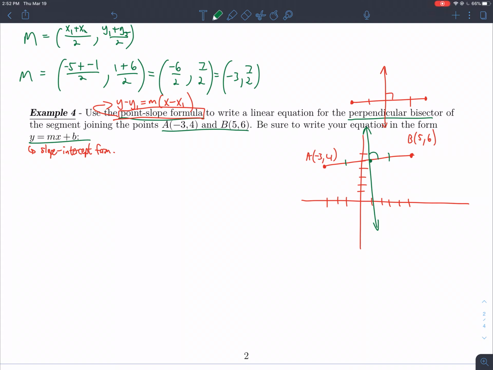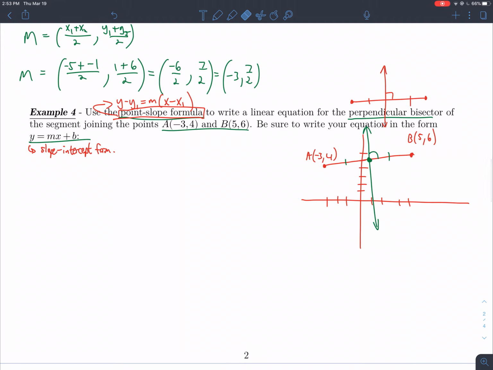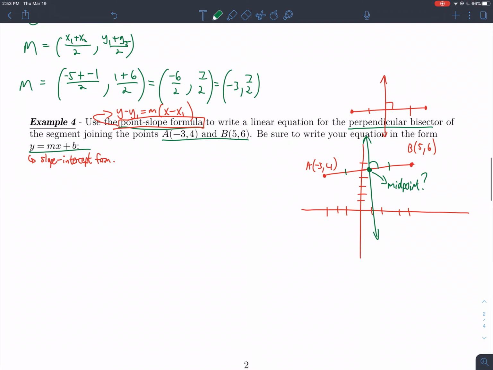So what's your strategy? You know that the perpendicular bisector has to bisect, going through the halfway point. Oh, that's what bisector means, halfway point. So I know that this is the midpoint. So I have to find the midpoint. If I find the midpoint, then I have a point on this line.